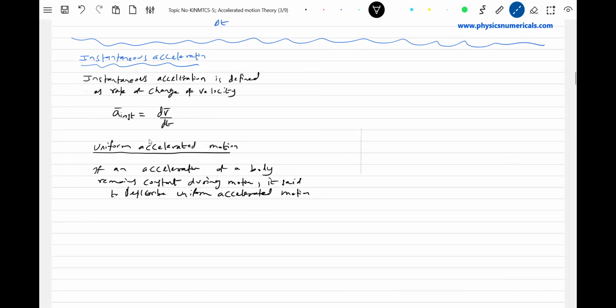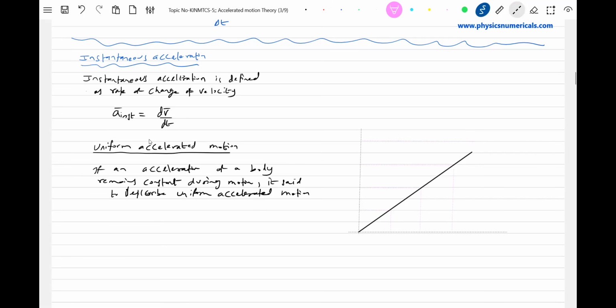I do take help of the graphs. So the experimental curve. If a body describes equal displacement in equal intervals of time, it is said to describe a uniform motion.